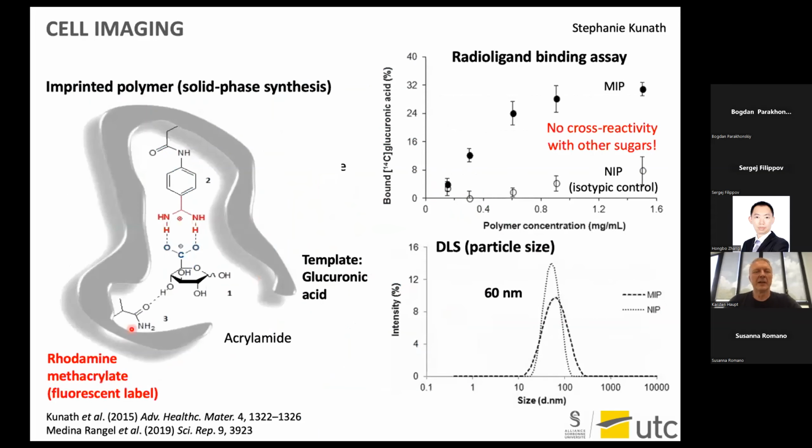So the template glucuronic acid, we use it with a coupling group that allows us to immobilize it on our solid phase, because we will again use solid phase synthesis for synthesizing the MIP. Here is the binding assay that I showed already before. We compared to the non-imprinted polymer, and we check the diameter of the particles, which are about 60 nanometers in this case.